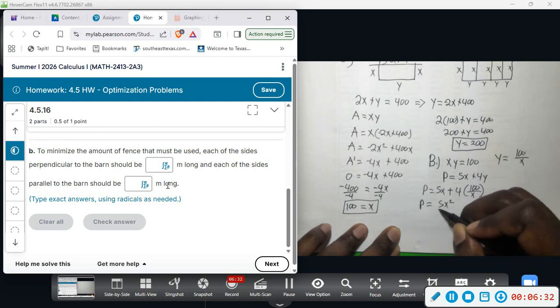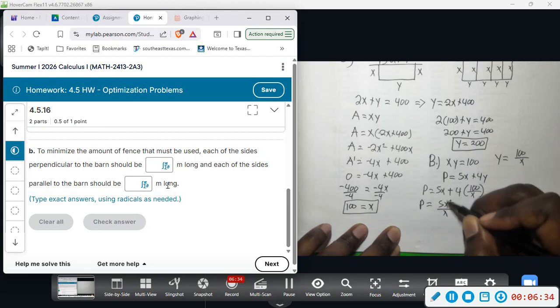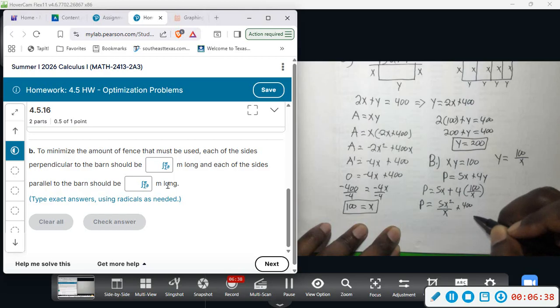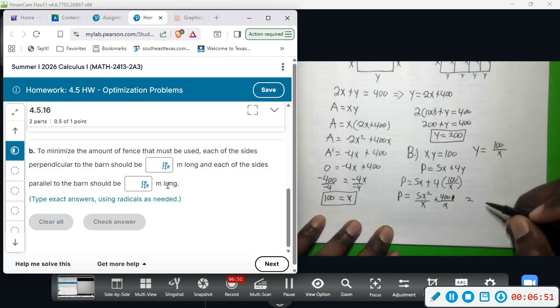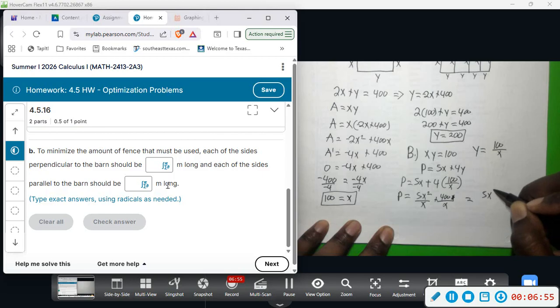That gives me 5x squared over x, multiplying top and bottom by x, plus 400 over x. And so this will give me 5x squared plus 400 divided by x.